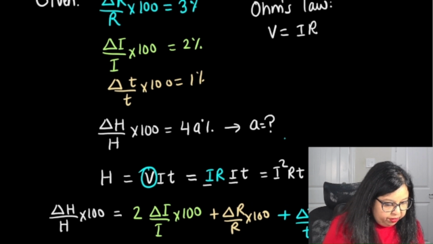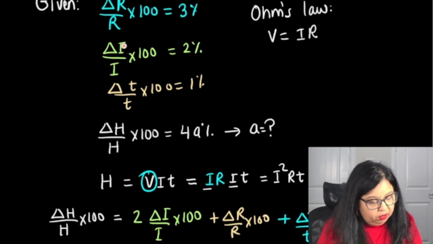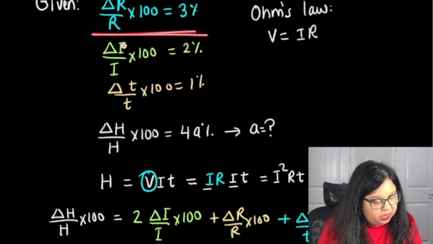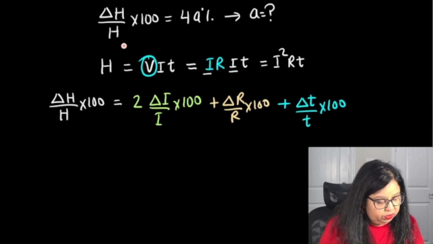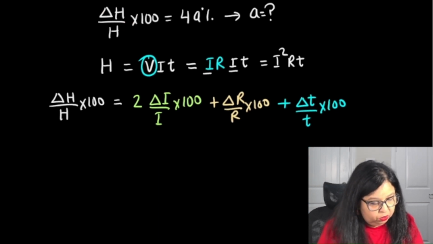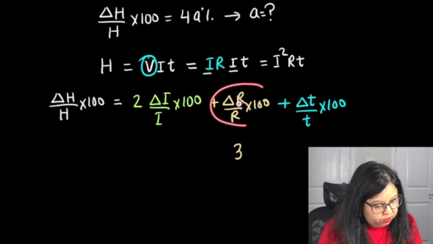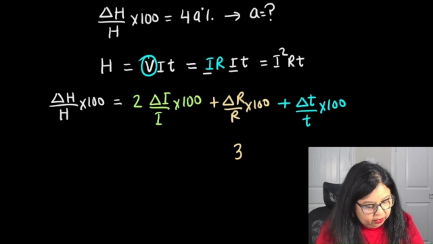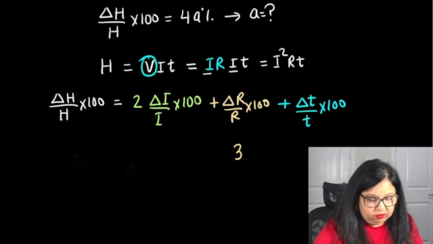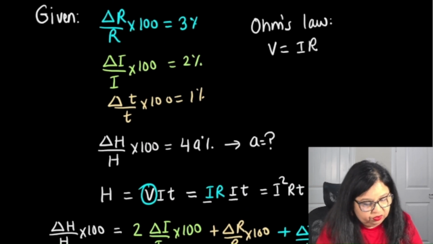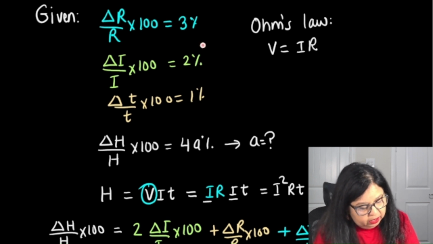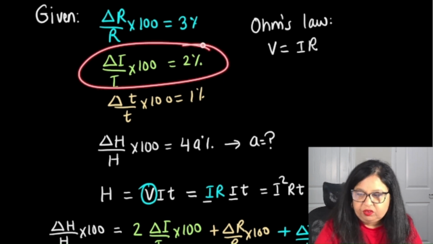Now we're given these numerical values. The numerical value of the percentage error in resistance is 3%. Okay, so that is over here. This one over here, 3%. Then we have, what else? We have the percentage error in the current, 2%.